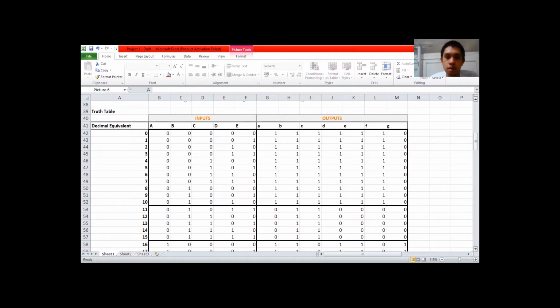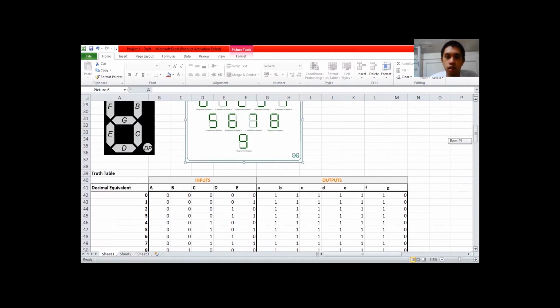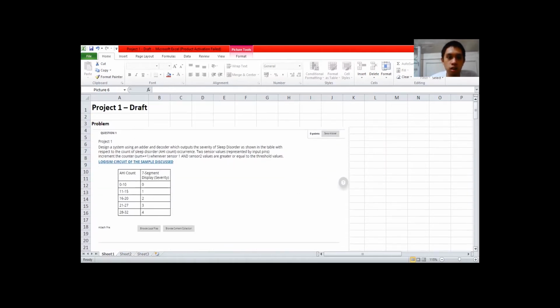So let me go back first for a while to the problem. So here it is. The given AHI counts are only from 0 to 32. That's why our group decided to create a 5-bit input which contains 32 different results. 32 is obtained by raising 2 to the power of 5, or 2 raised to 5.